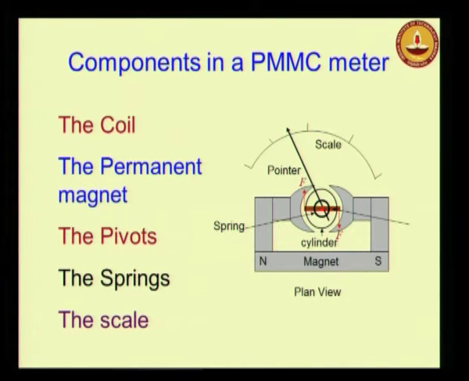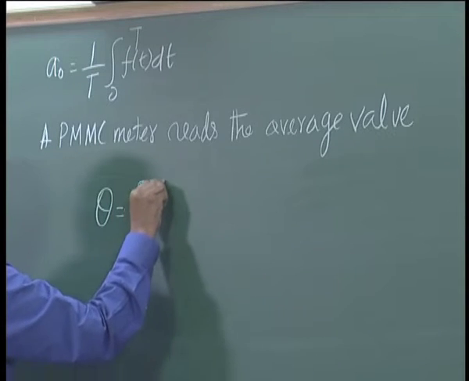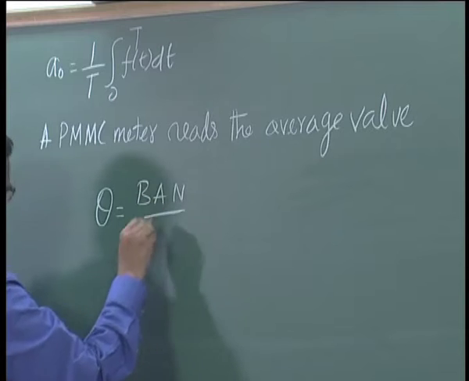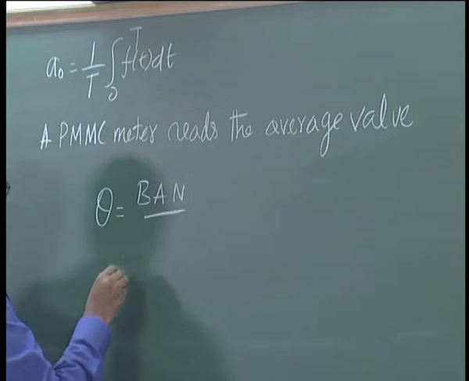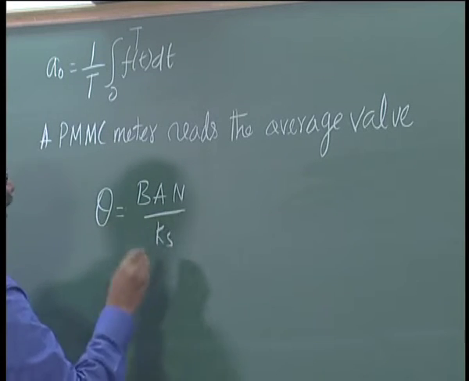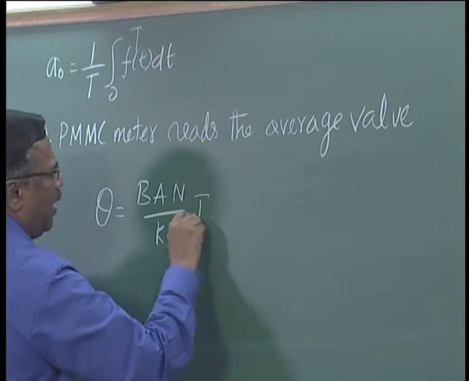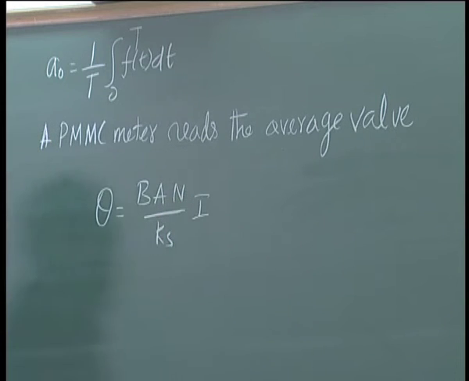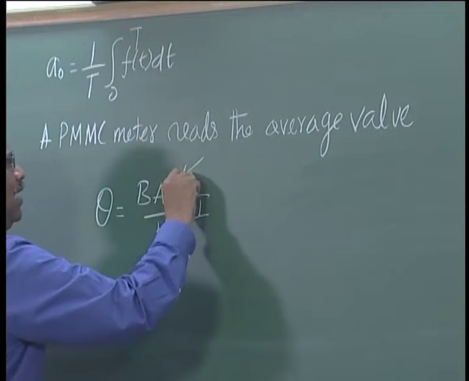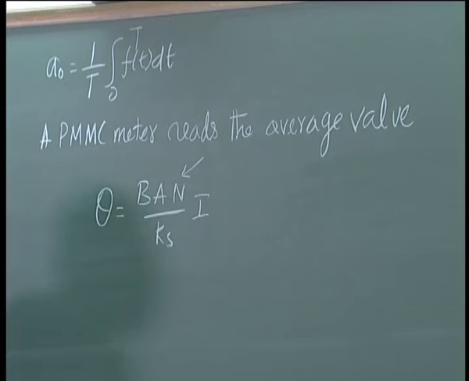If we look at the expression, theta is equal to B A N by Ks into I, right, and so if I look at this, the number of turns in the coil influences the theta that I can get, right.